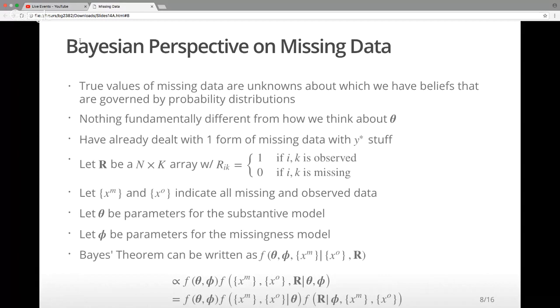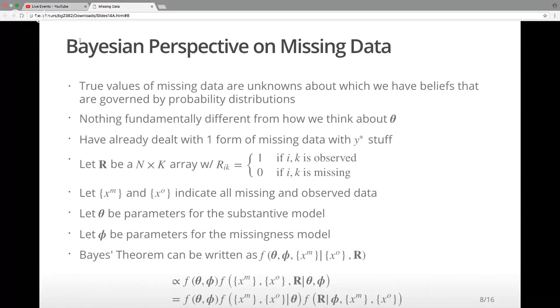So we always know what R is fully. It's just zeros and ones. Nothing in R is missing, but R encodes whether some column of X, or Y, whatever, is missing.